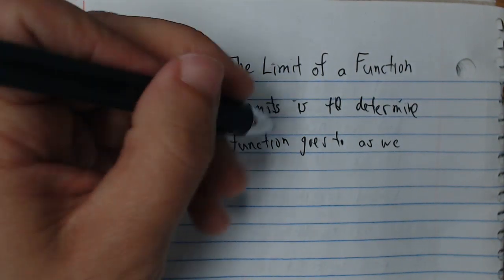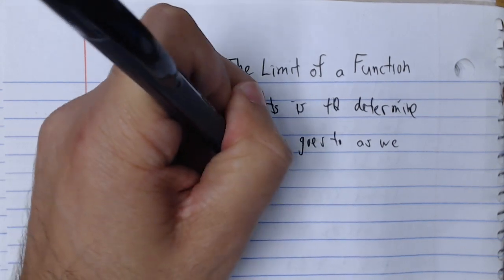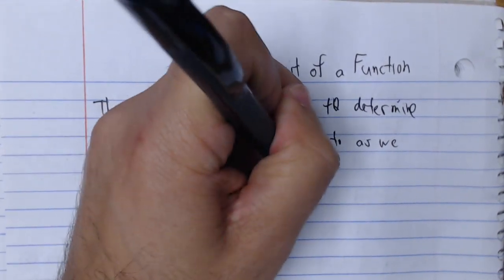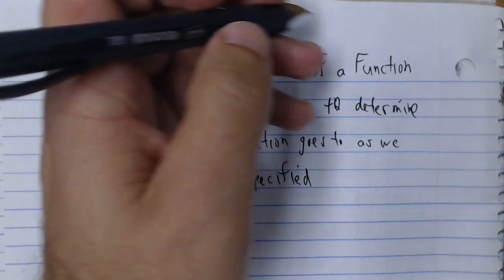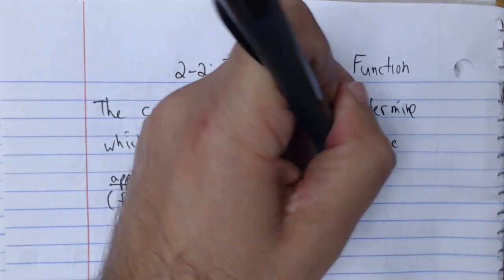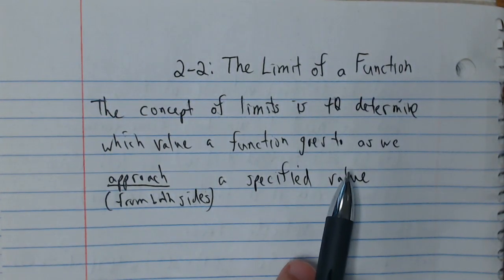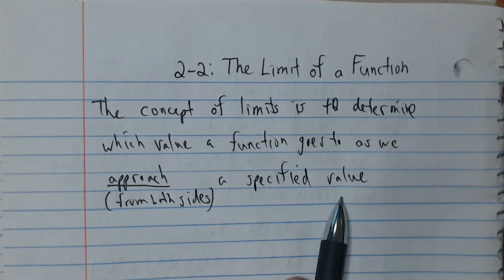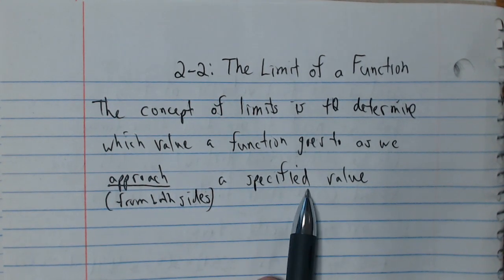So as we approach a specified value, we're basically saying, I don't care what this function is at that value. We care more about as we approach it.